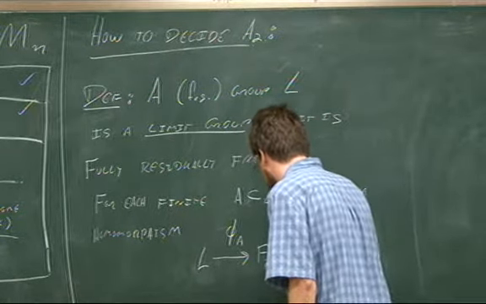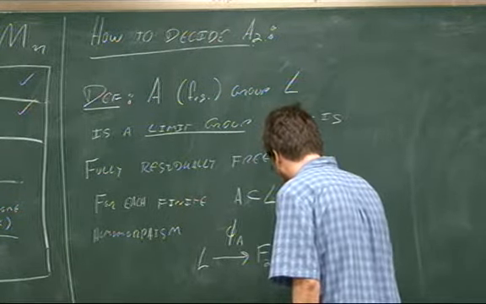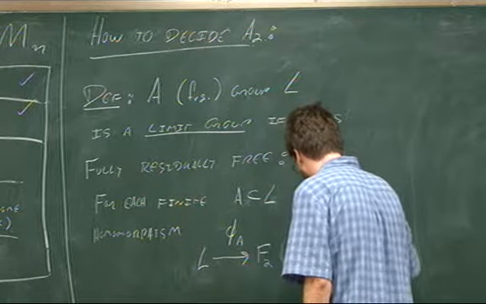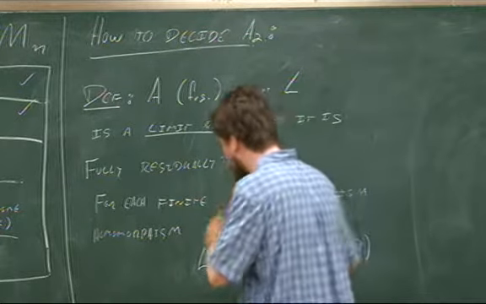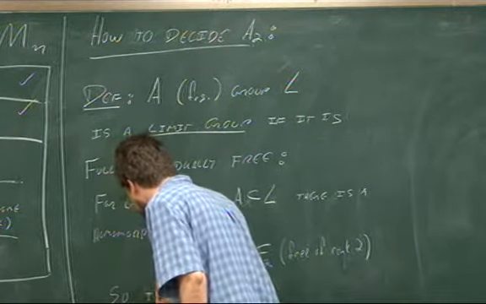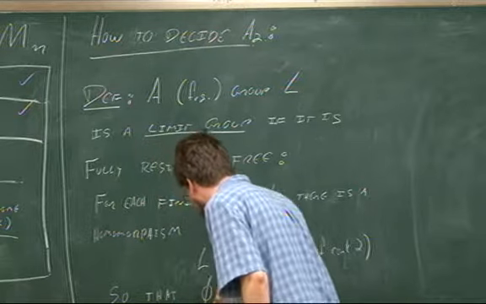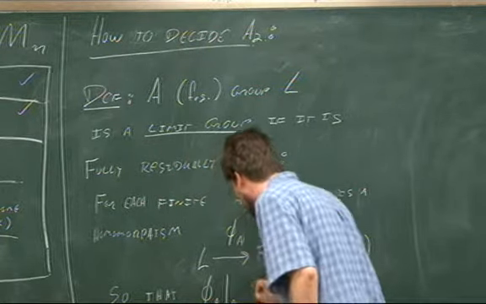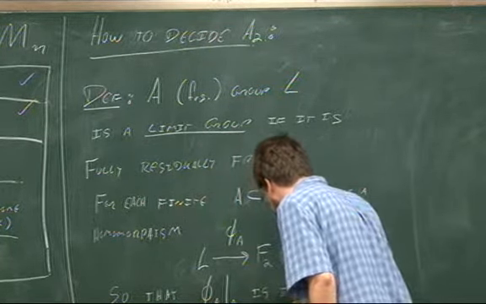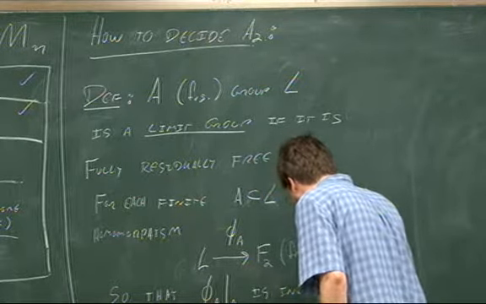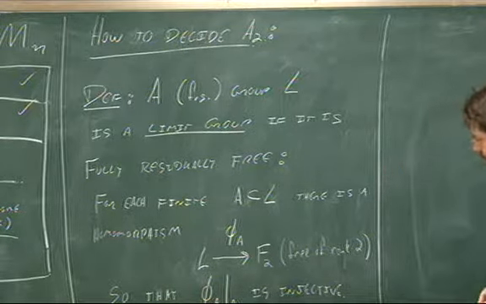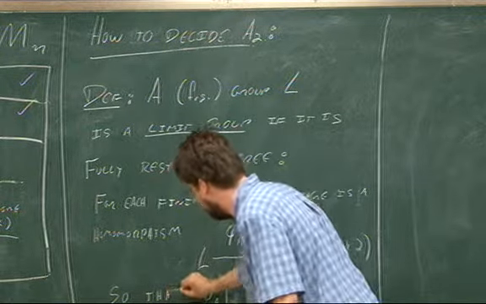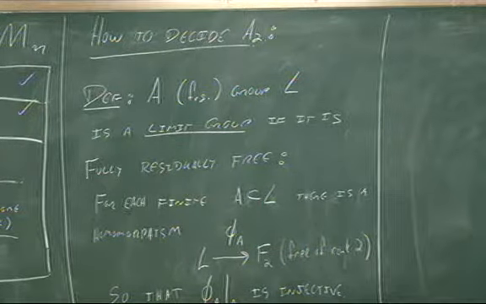So we'll just write F2. So that if I take p sub A and restrict it to A, this is injective.